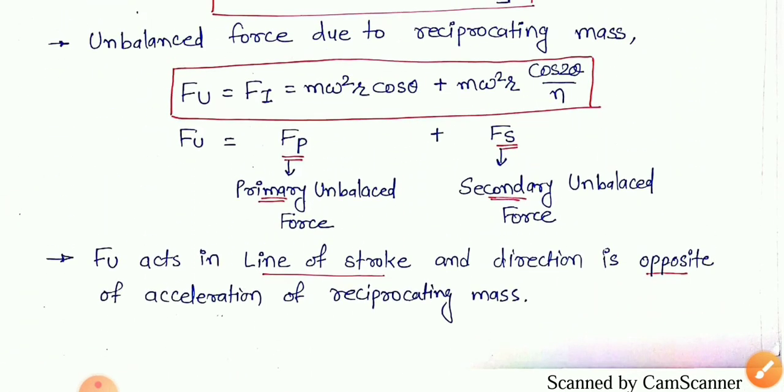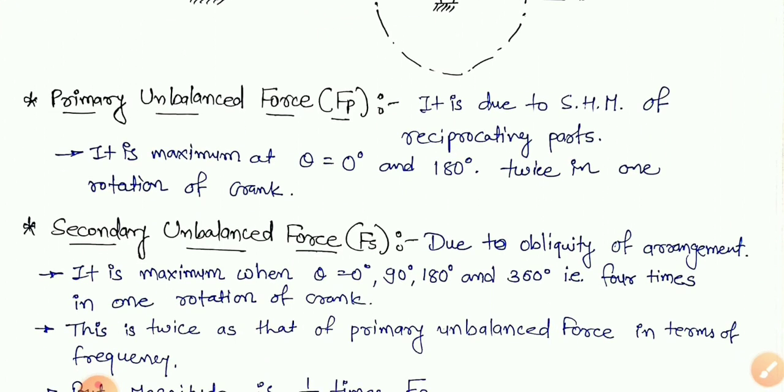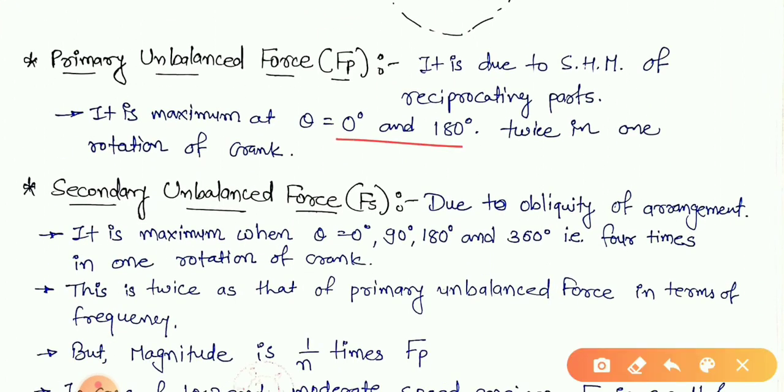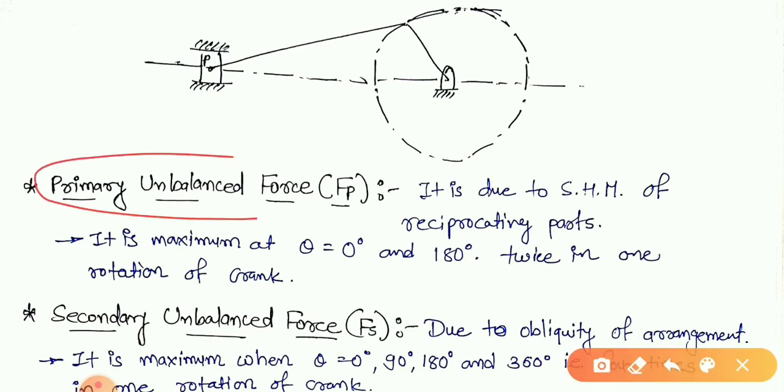As we can see, this is the equation of the primary unbalanced force, m omega square r cos theta. So the primary unbalanced force will be maximum at 0 and 180 degrees. That means twice in one rotation of the crank. As the crank rotates one revolution, there will be 2 times the maximum value of the primary unbalanced force.